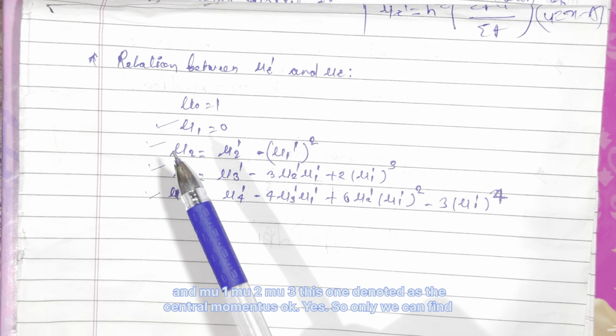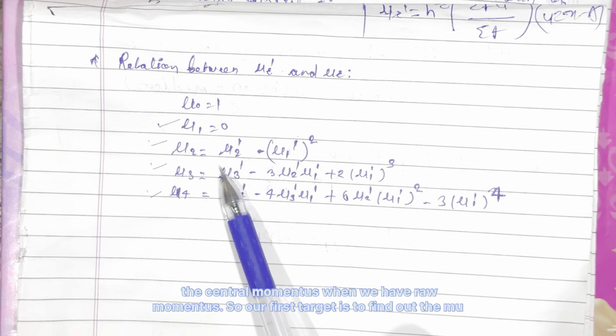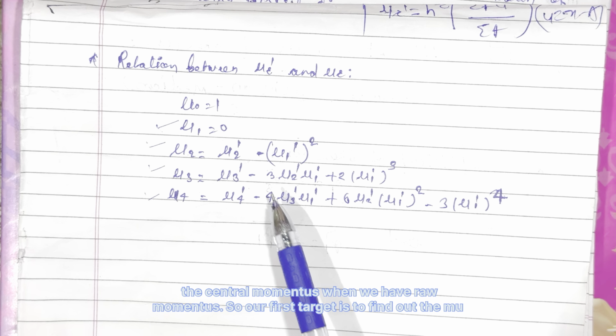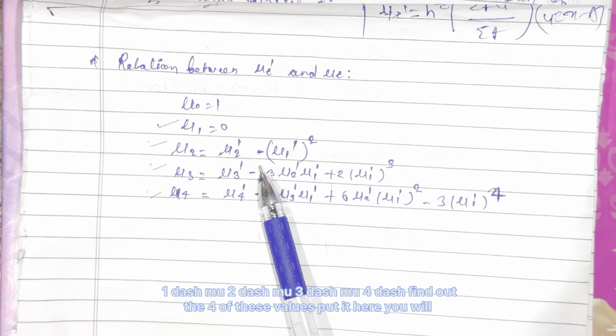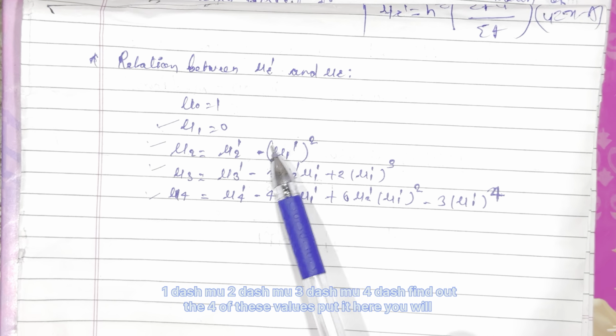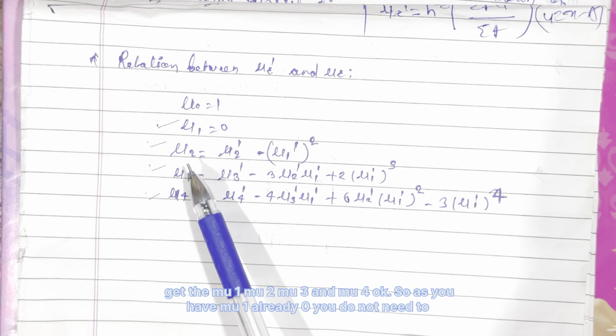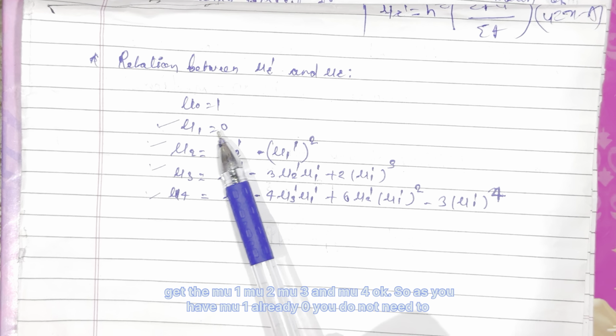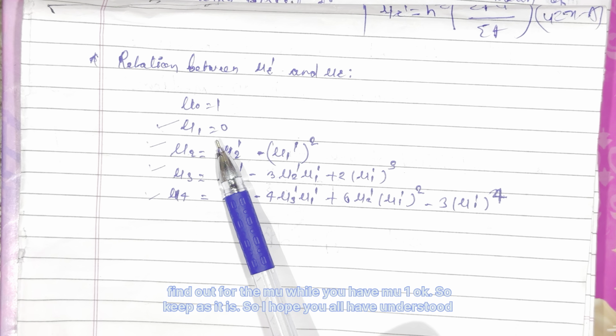We can find the central moments only when we have the raw moments. So our first target is to find mu1 dash, mu2 dash, mu3 dash, mu4 dash. Find these four values, put them in the relations, and you will get mu1, mu2, mu3 and mu4. As mu1 is already 0, you don't need to find the value of mu1.